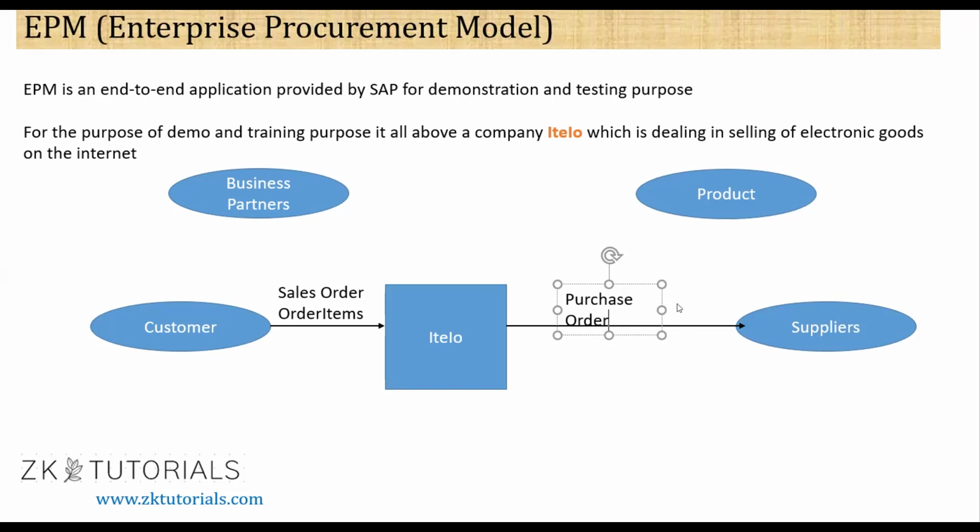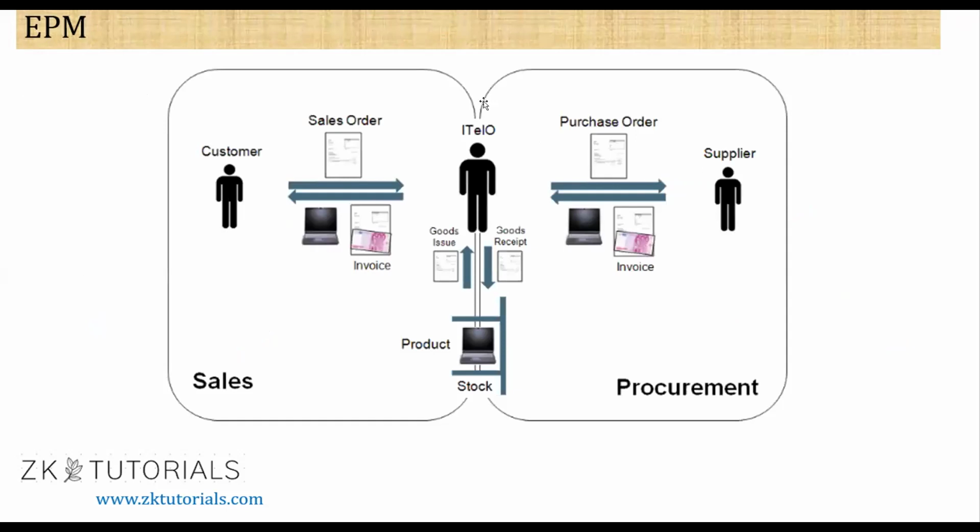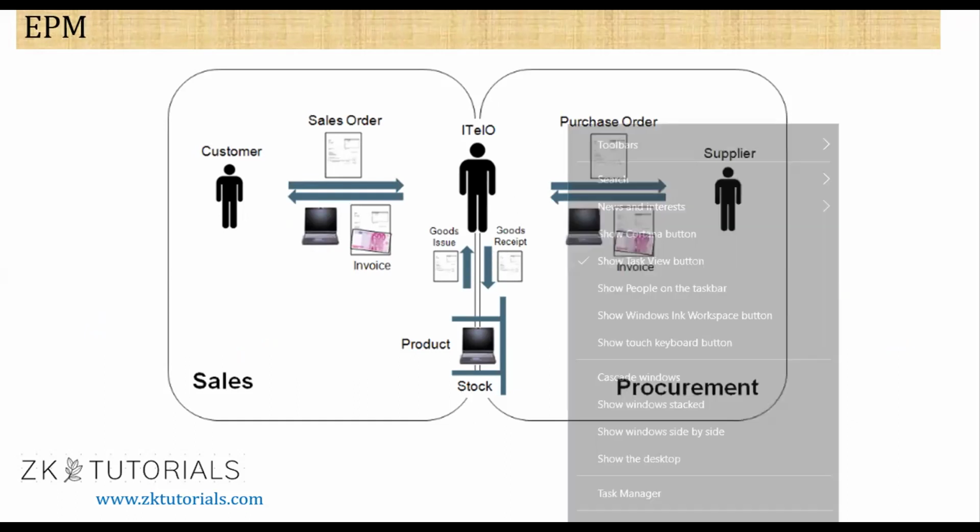There is also an image where you can see the same process. This is my ITEIO customer and supplier. We are selling here to the customer. If he requests something from us, goods issue and goods receipt and all of those things you can see here and understand from here.